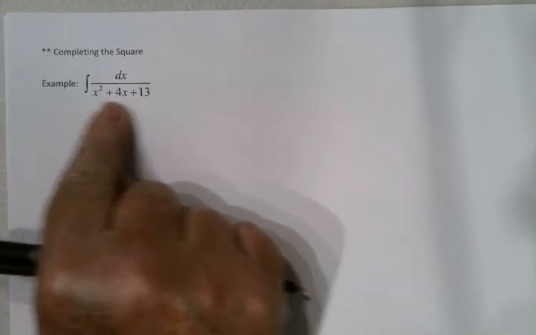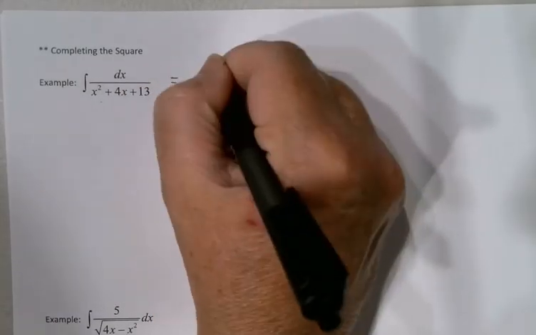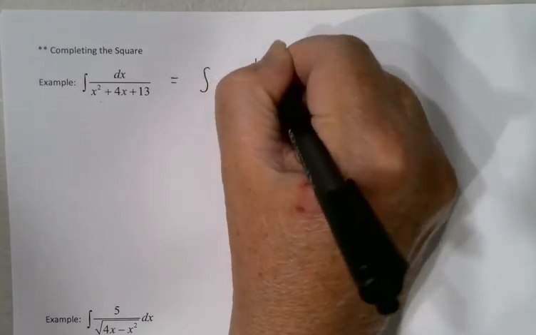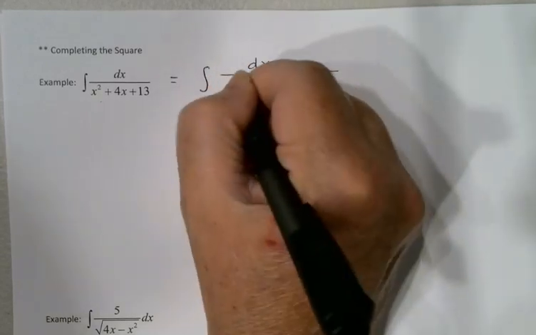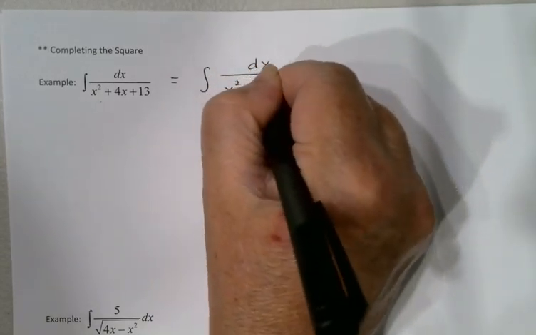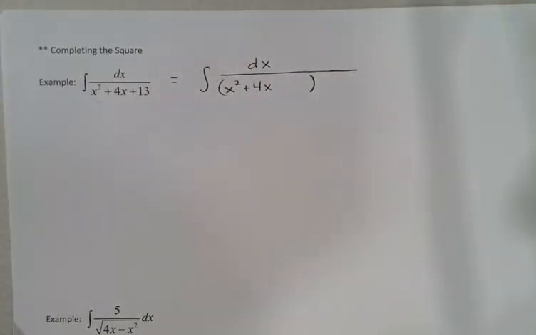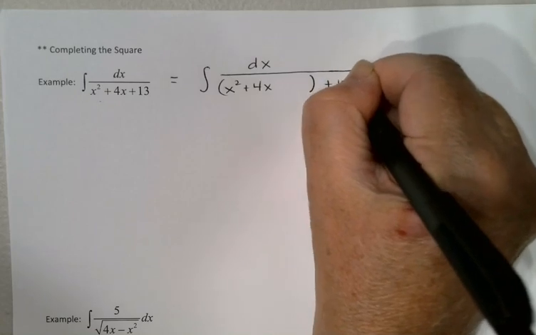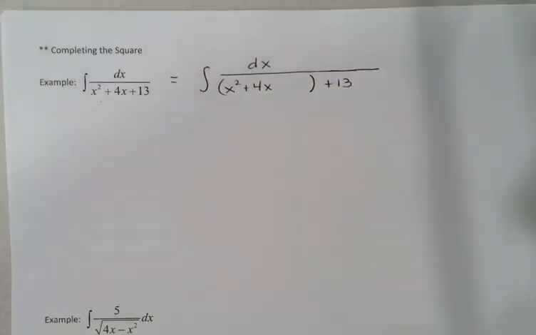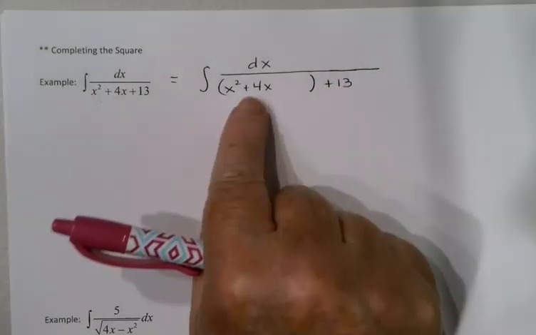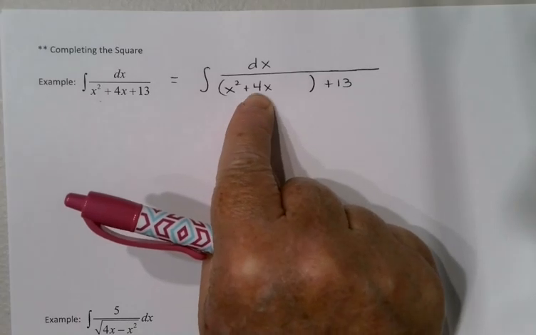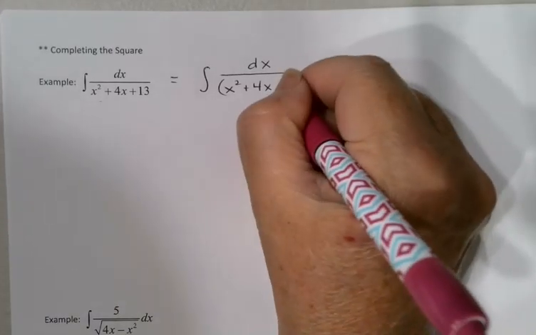When I have something like this, what I'll often do is try to complete the square in the denominator. I have x squared plus 4x. I'm going to separate that off because that's what I'm going to complete the square on. And then I still have this plus 13 out here. Completing the square, I'd have to take half of the 4, 2, square that, plus 4.